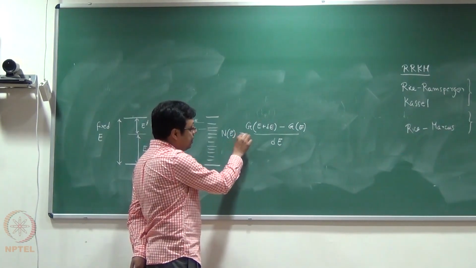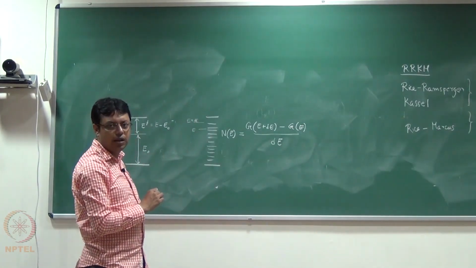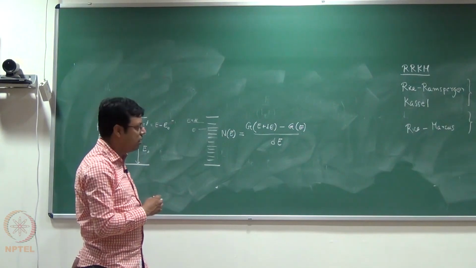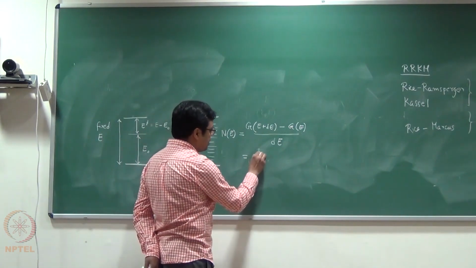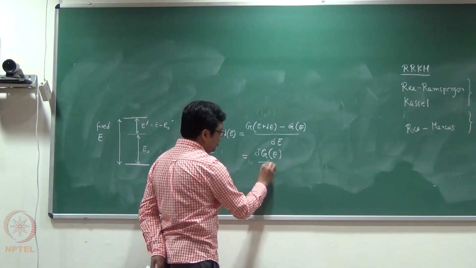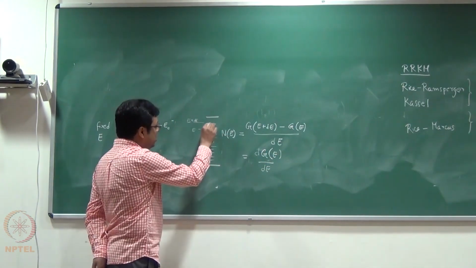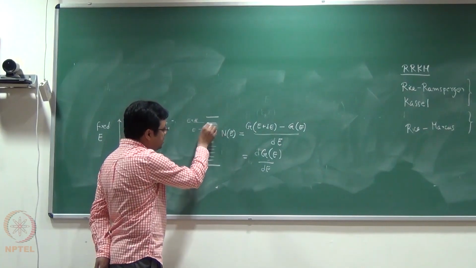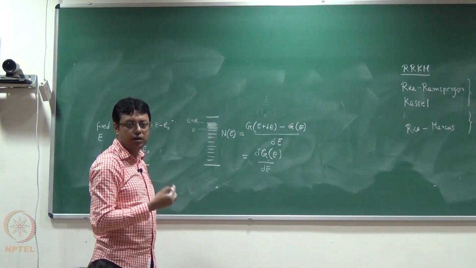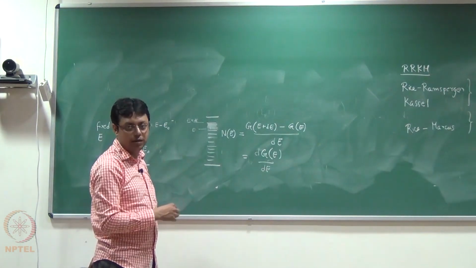Now, in the limit that this dE is very small, I can use a differential notation, which means I can write this as dG by dE. When these energies are very close, the thing is kind of continuous, because until and unless it is continuous, I cannot use differentiation, as it is for a continuous variable.